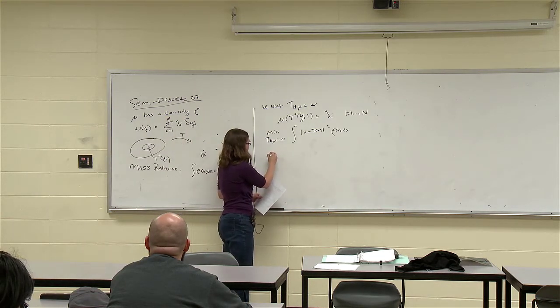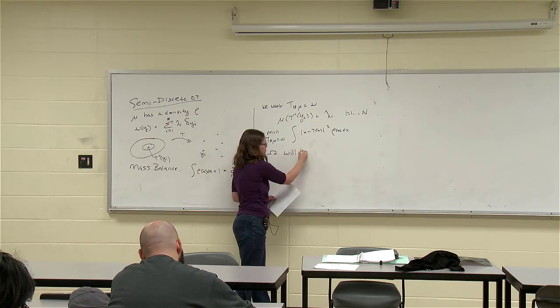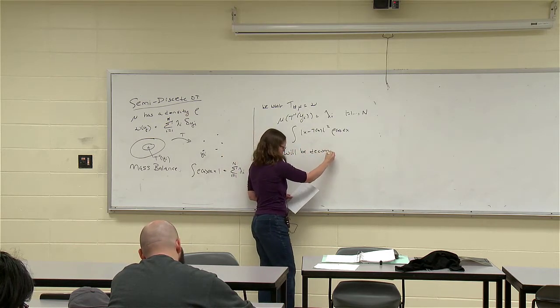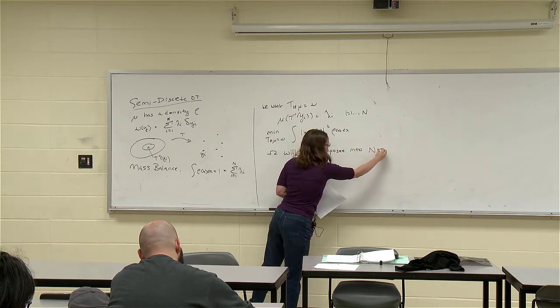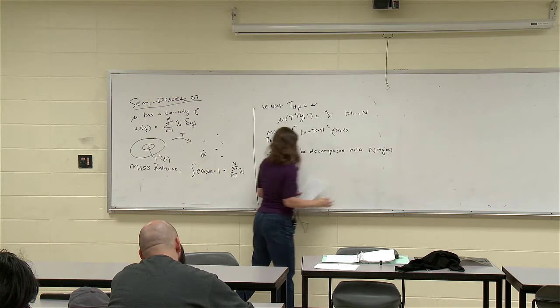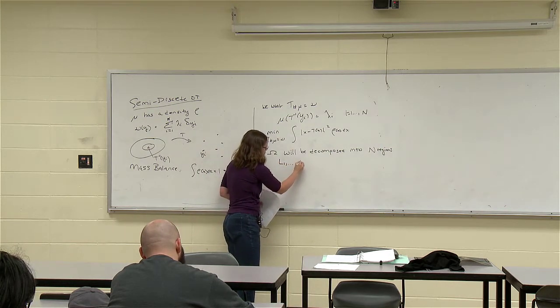So we're going to take omega, our domain, and try to decompose it. It's going to be decomposed into n regions. I'm going to call them L1 to Ln.